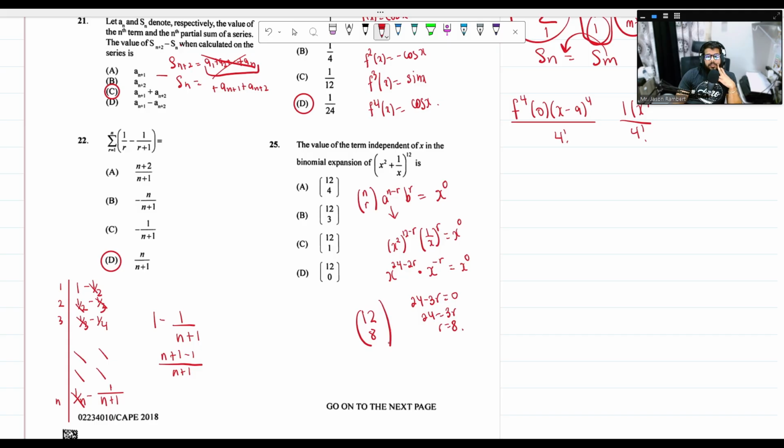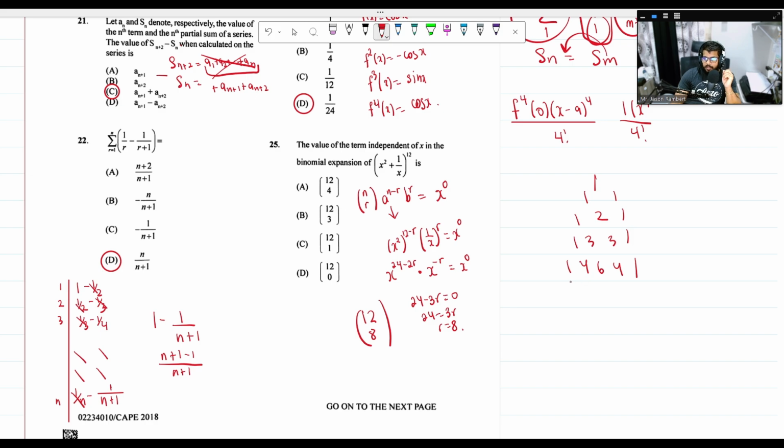Now, I don't have a 12C8 here, but that doesn't mean we made a mistake. Because of Pascal's triangle, 1, 1, 1, 1, 2, 1, 1, 3, 3, 1, 1, 4, 6, 4, 1, and so on. You see how this number and this number are the same? These are the coefficients in the expansions.